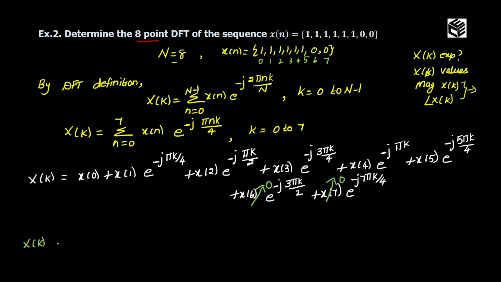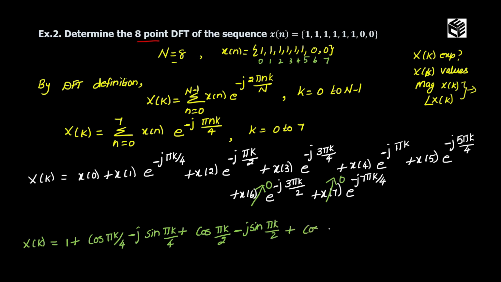Now I'm going to apply the values. x of 0 is 1. 1 plus e power minus j pi k by 4 can be written as cos pi k by 4 minus j sin pi k by 4, plus x of 2 is 1, e power minus j pi k by 2 can be written as cos pi k by 2 minus j sin pi k by 2.